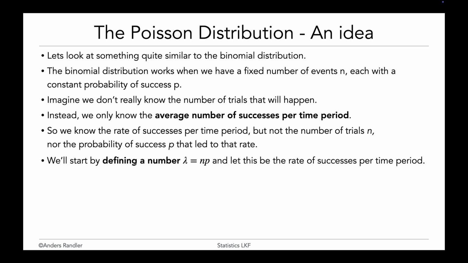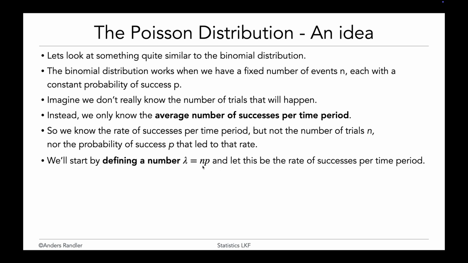We'll start by defining a number called lambda equals n times p, where if we had known n, this would be that n, and if we had known p, that would have been that. And in the end, lambda is the rate of success per time period.